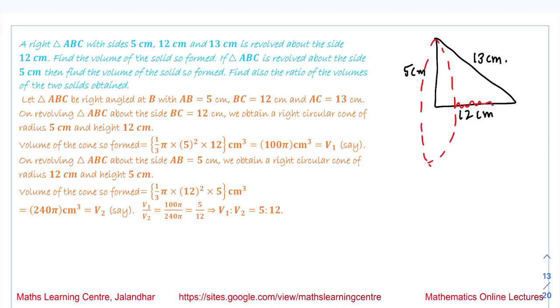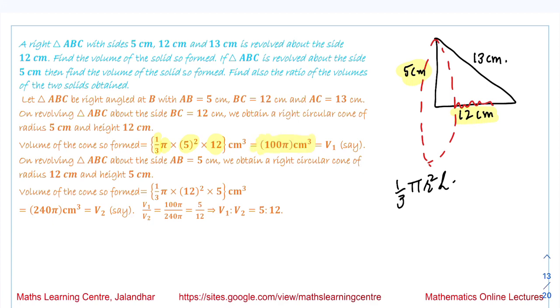So when we are revolving it along this side, the radius is 5 centimeter and the height is 12 centimeter. The formula for the volume is 1 by 3 pi r square h. So when we substitute these values, we get 1 by 3 pi, radius 5 square and h is 12, and the final answer we will get is 100 pi centimeter cube.